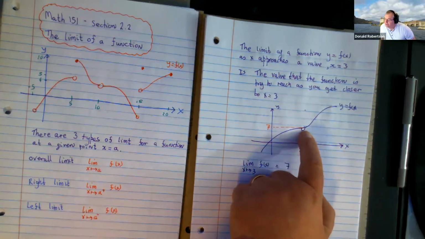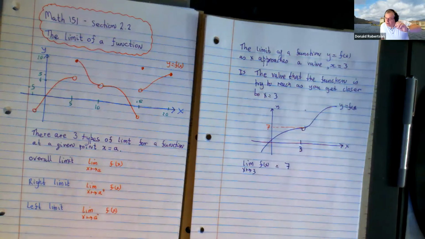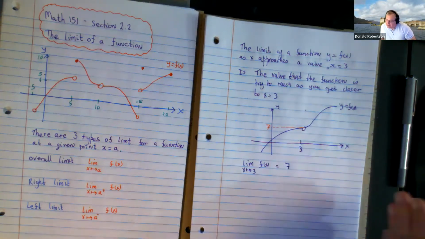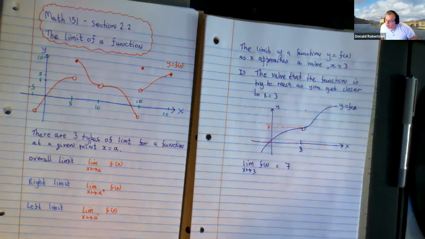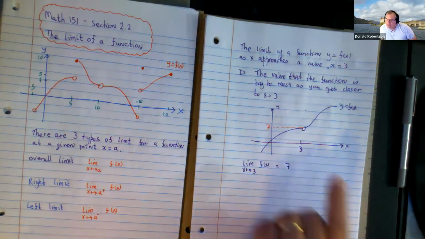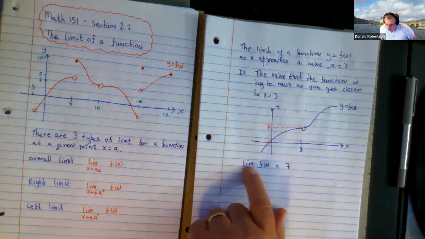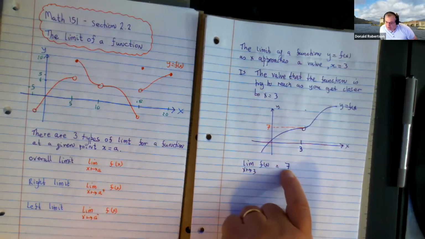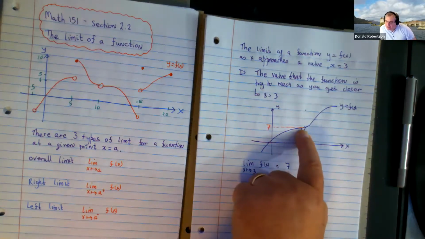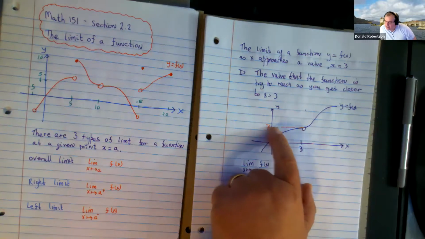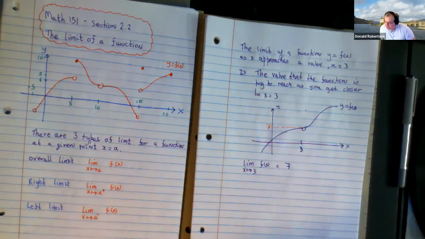In other words, the function for whatever reason is undefined there. Now that can happen when you have a fraction where the top and the bottom cancel out, but there's still a problem at 3 because at 3 you have 0 over 0, right? Whatever the reason is, this can happen. And so when we talk about the overall limit as x tends to 3 is 7, we're saying this is the value, the y value, this function is trying to be. Okay? That's essentially the gist of what we want.